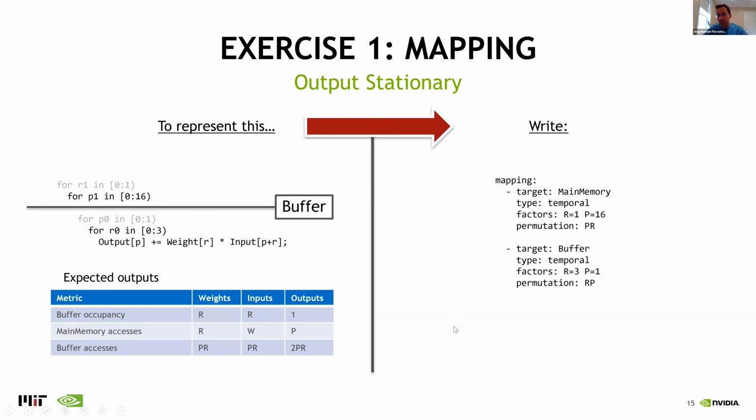And then if we wanted to do an output stationary loop nest, we just flipped the R and P loops, right? So we were going over R here and P in the outer. And again, in the Timeloop mapping spec, you flip those and you set up the parameters this way, and it represents this mapping. And you can reason about this table yourself and see whether Timeloop's output matches up with your intuition.